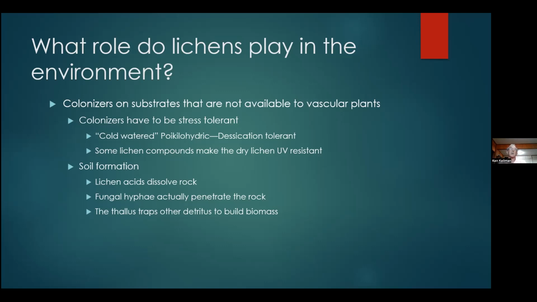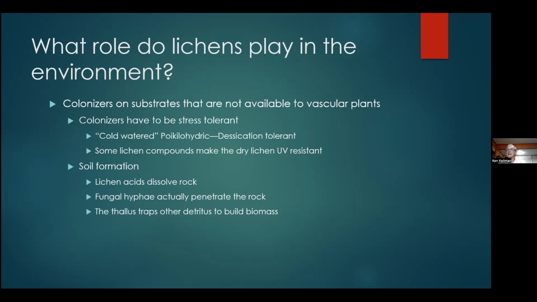And so they are what I like to call cold-watered, like we use the term warm-blooded or cold-blooded for different vertebrates. There's a fancy scientific word called poikilohydric, which means their water content equalizes with the water content of their immediate surroundings and substrate.